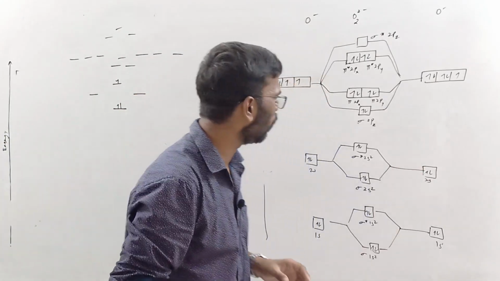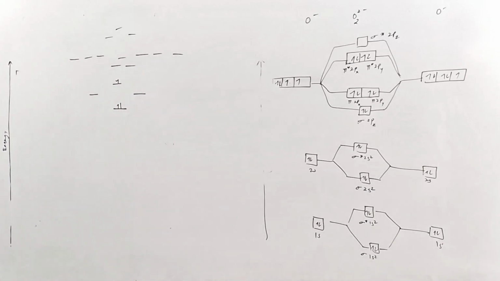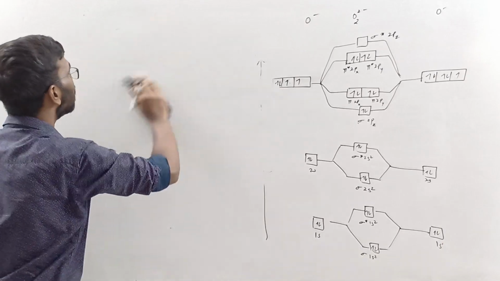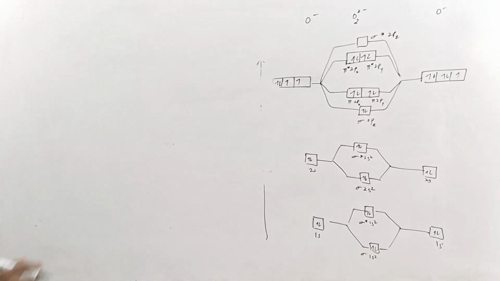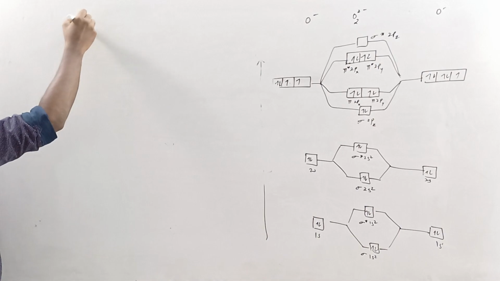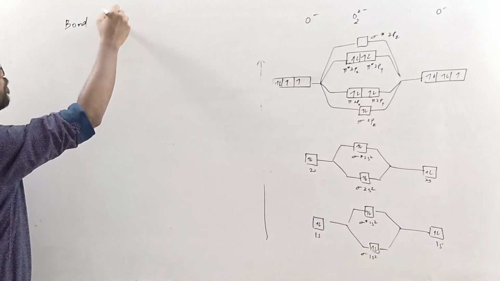Okay, one more thing I would like to tell before I go from the screen, that is, there is a concept of the bond order. Let's take an understanding of the bond order. Bond order means what?